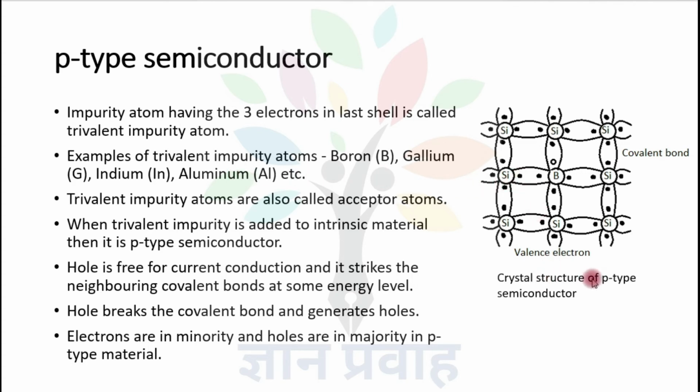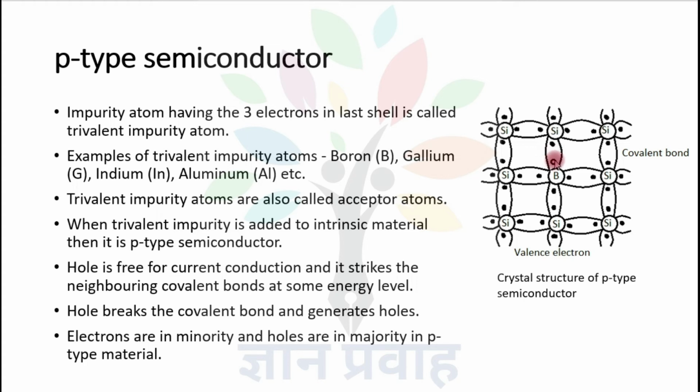The crystal structure for P-type semiconductor is given here: silicon atom and boron atom. Boron has 3 valence electrons and silicon has 4 valence electrons. It means one position is vacant here because there is no electron, so it is a hole.